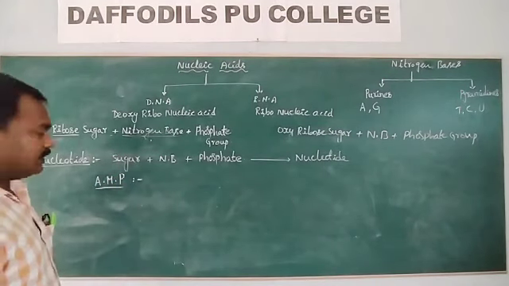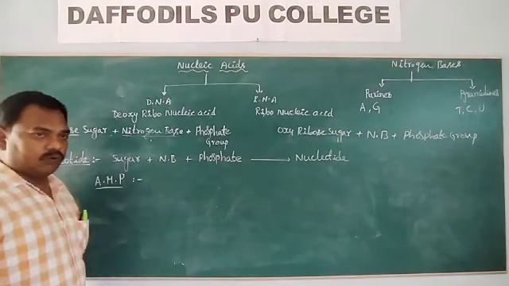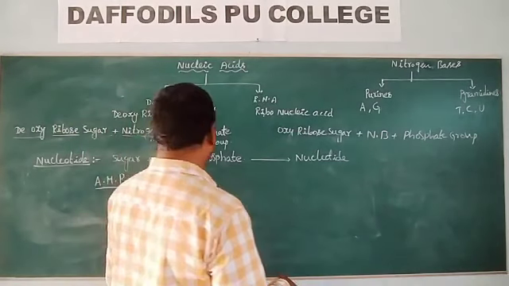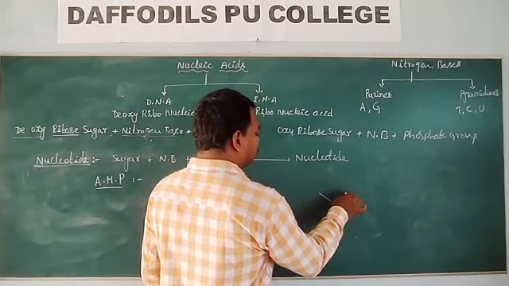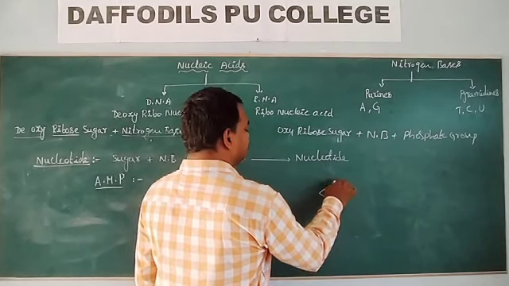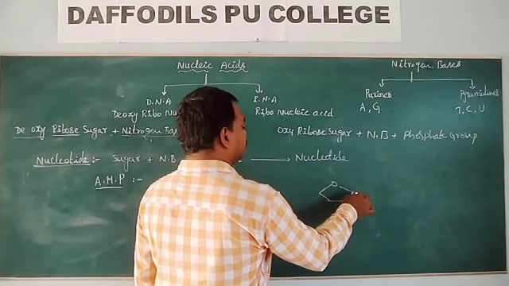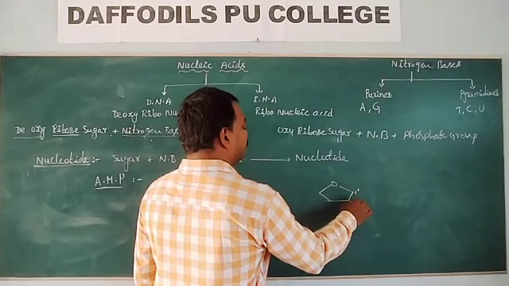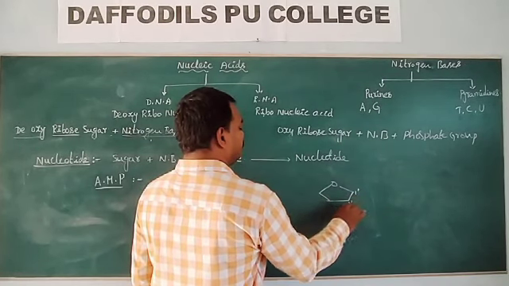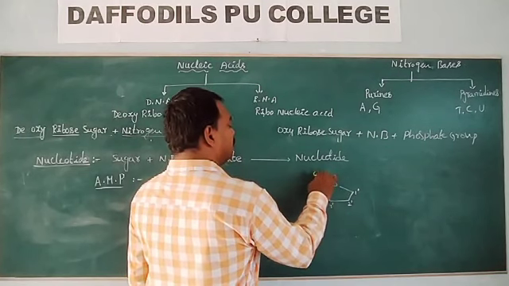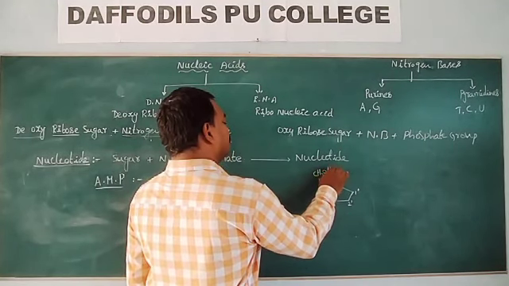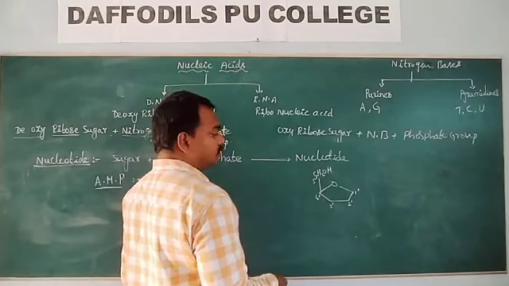Adenosine monophosphate. I will show you the structure of adenosine monophosphate. This is the 1 prime carbon, 2 prime carbon, 3 prime carbon, 4 prime carbon, and this one is the 5 prime carbon.